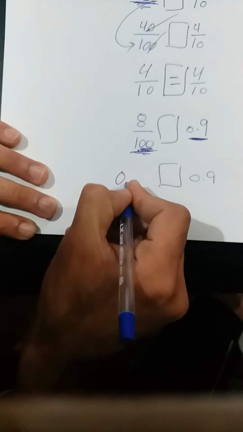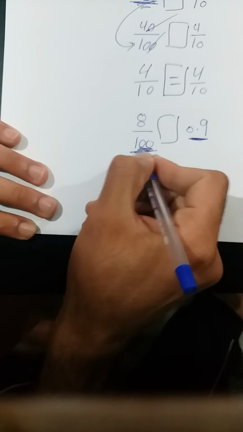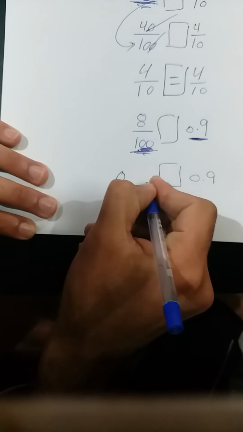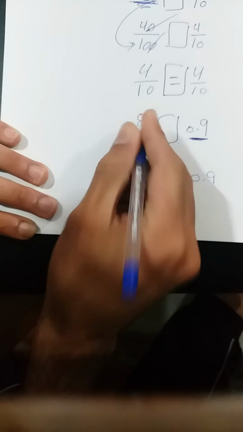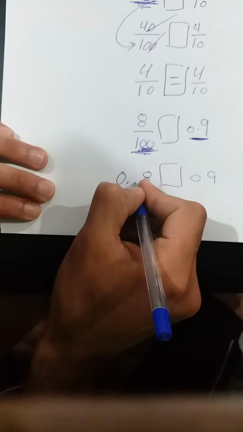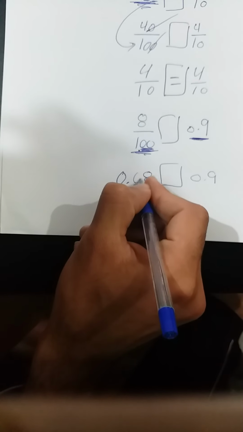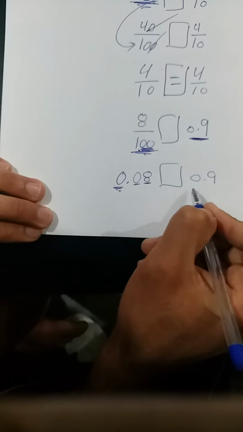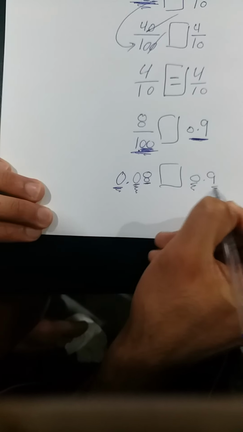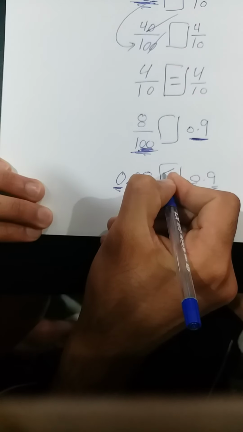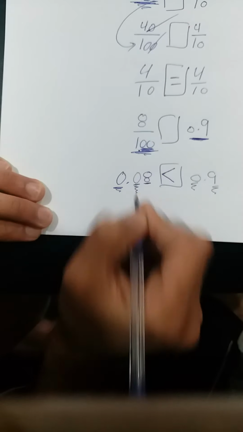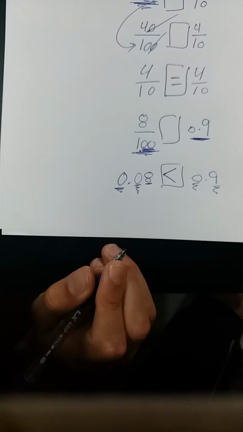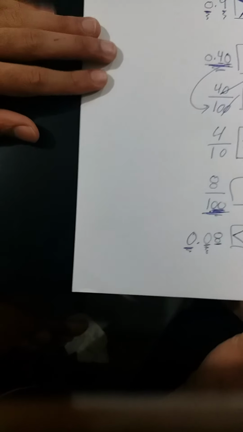No. I'm going to put 0. How many digits do I have here? 2. So I'm going to write 2 digits. I am having here 1 digit up, which is 8. I'm going to put it. Should I leave it empty? No. I'm going to put 0. Then I am going to compare. 0, 0. 8, 9. Which is bigger? 9. So I'm going to put this bigger than this.